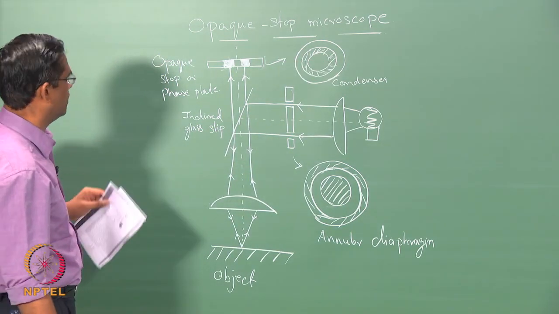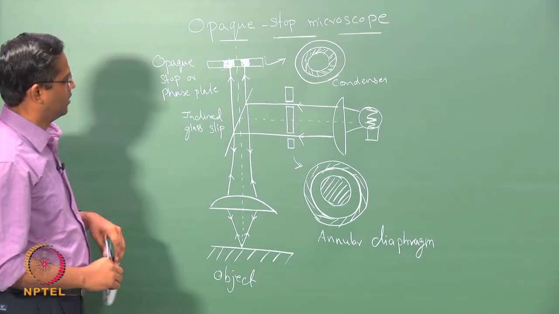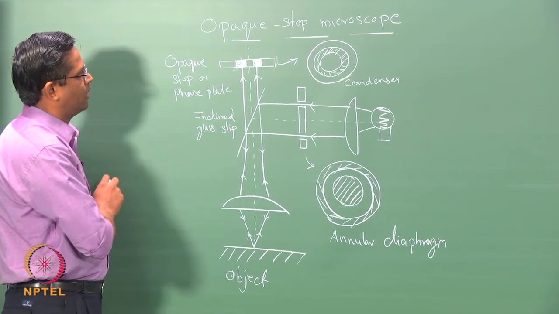So this is the ray diagram for the opaque stop microscope.